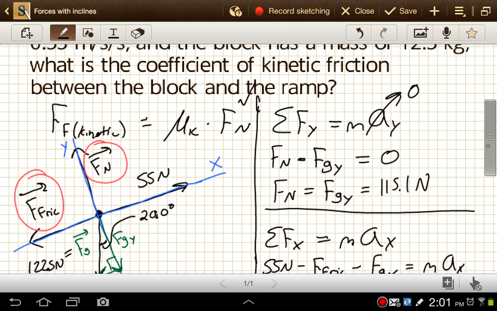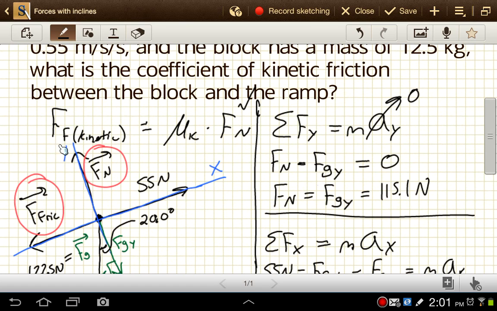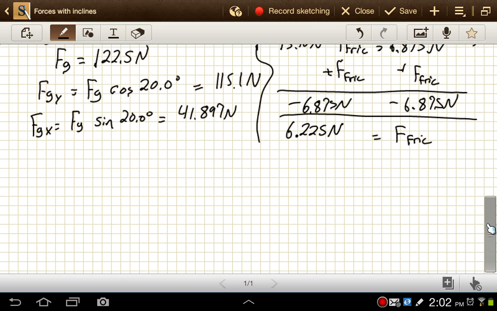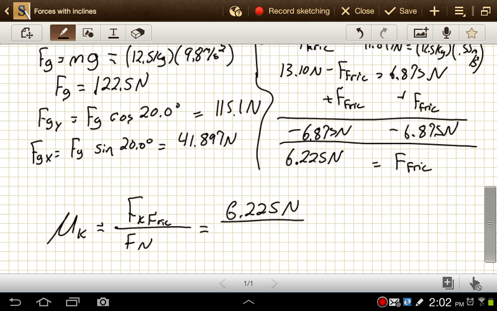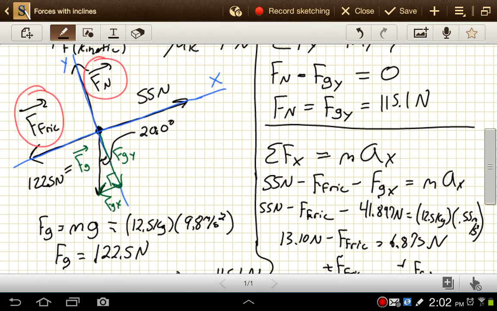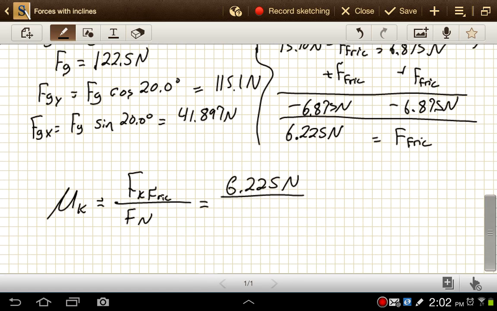Okay, so now I've solved for the normal force and the frictional force here, so I can plug that back in to get mu k. So if I rearrange the equation, mu k is equal to the force of kinetic friction divided by the normal force, which is going to be 6.225 newtons, divided by our normal force, which was 115.1 newtons.